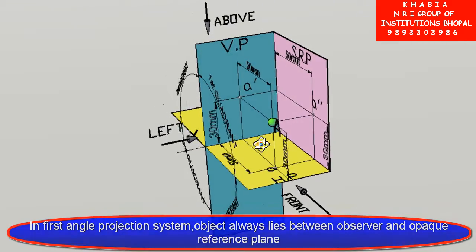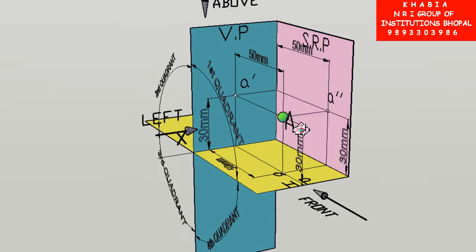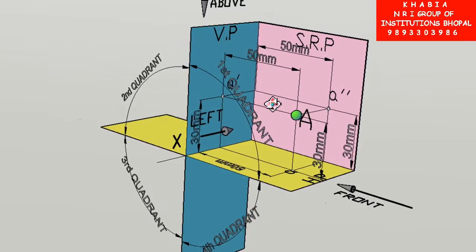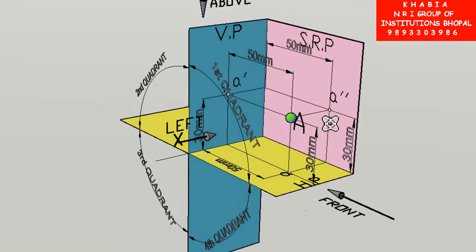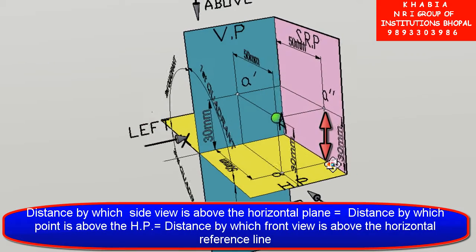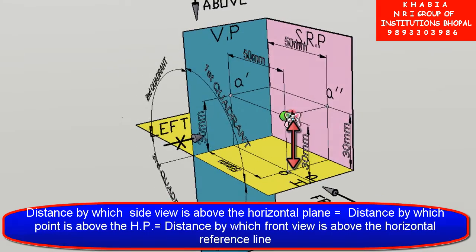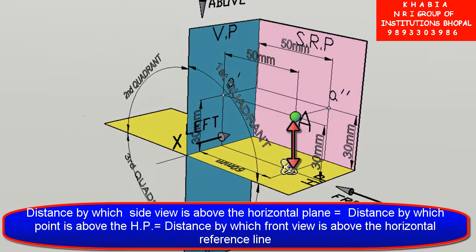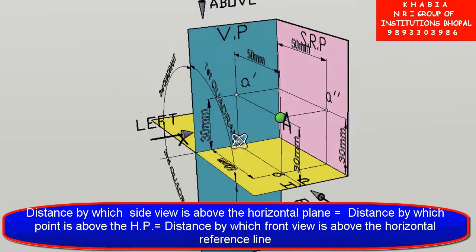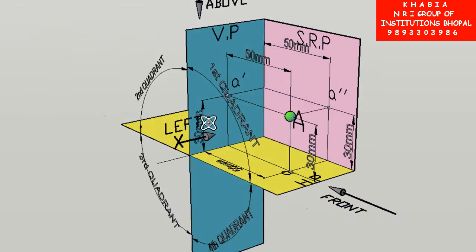side of the object. From this 3D model, you can easily reason out the following conclusions about the side view of the point. First conclusion is the distance by which the side view is above the horizontal plane is equal to the distance by which the point is above the horizontal plane, which is equal to the distance by which the front view of the point is above the horizontal reference line.